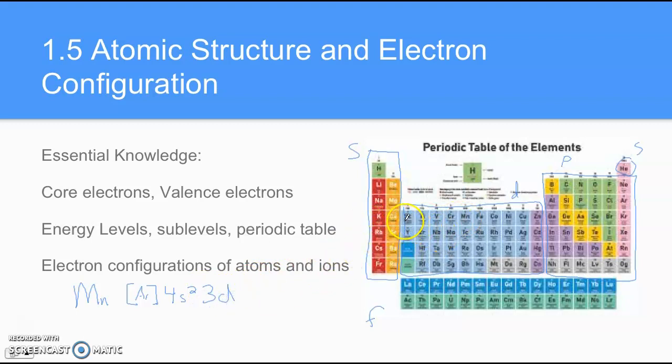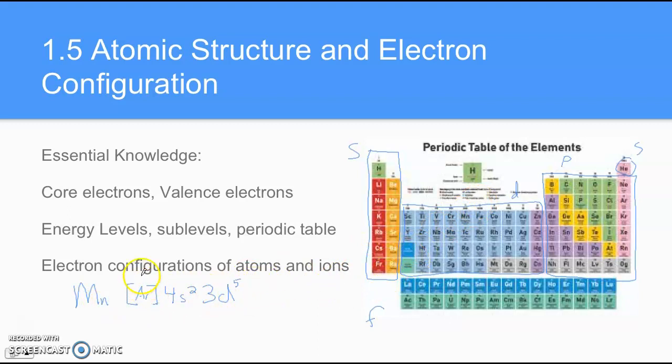If you remember, the energy level of the D block is 1 less than the row that it's in. So although this is in the fourth period, the energy level for this D sublevel is 3. A D sublevel can hold 10 electrons, but manganese is the 5th one in, so it's going to end at 3d5. All right, so that's an example for manganese.